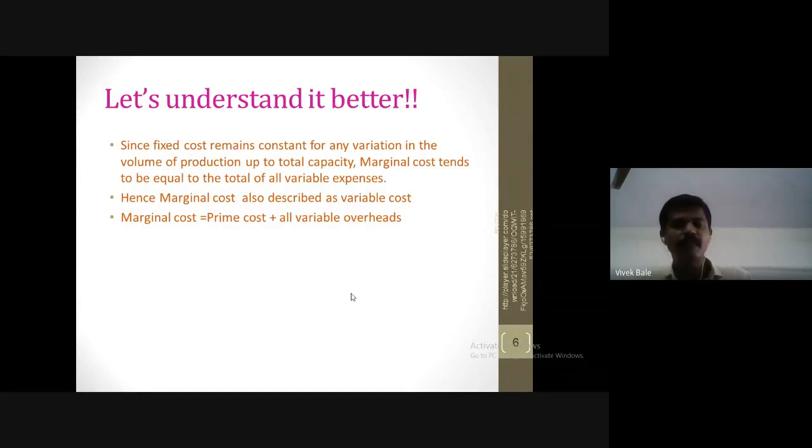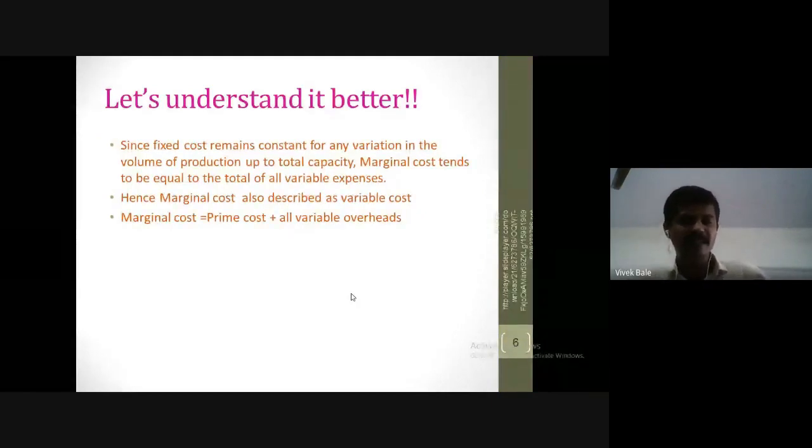But in the case of marginal cost, it tends to be equal to the total of all the variable expenses. It means all the variable expenses vary according to the volume of product, and therefore marginal cost can be described as variable cost.